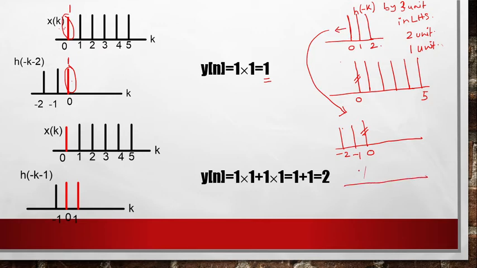The 0 part will move to -1, 1 will be at 0 and 2 will be at 1, right? So this will be the new impulse signal after advancement by 1 unit in the left hand side.